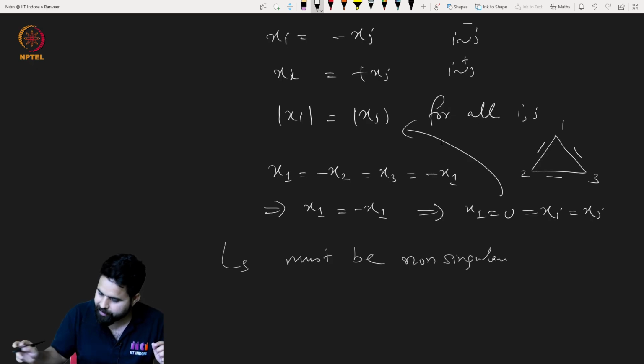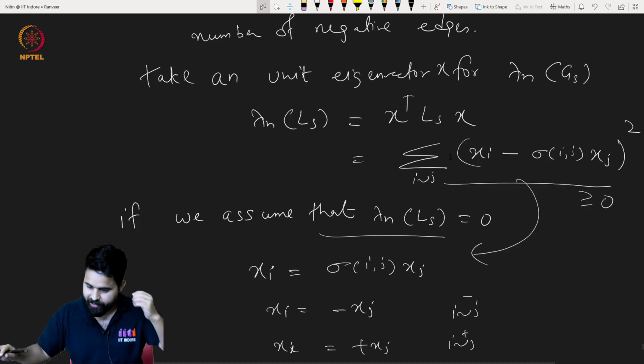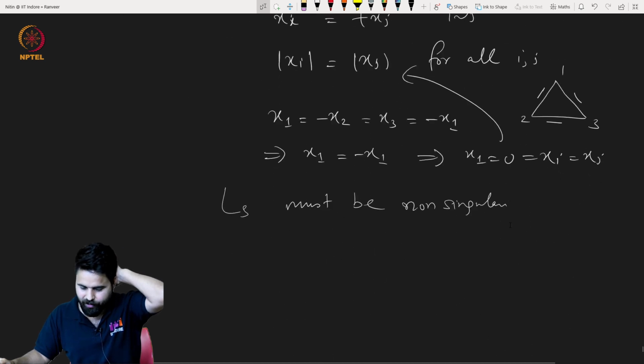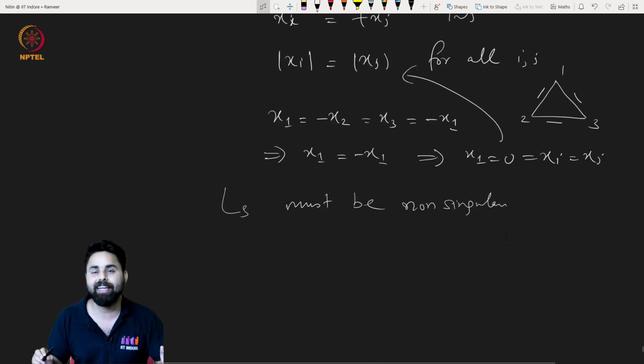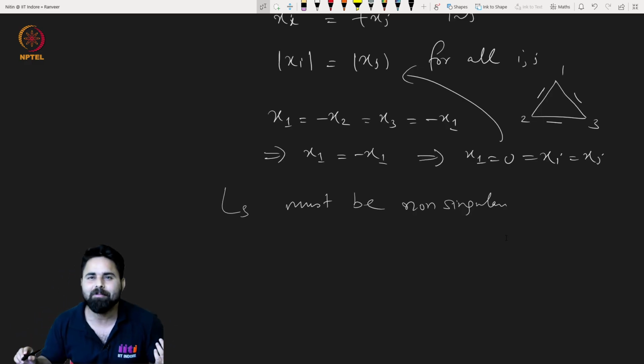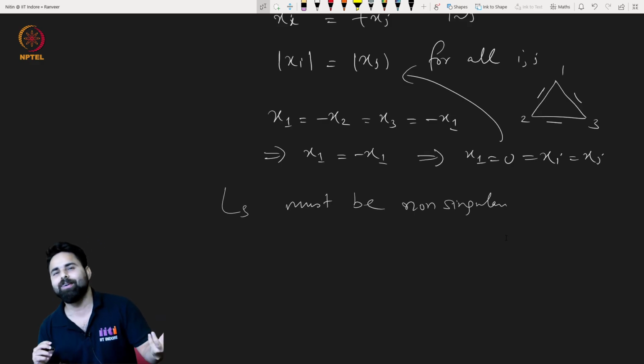By the way, this quantity will always be greater or equal to 0, right? Very good. Great. I hope you enjoyed this proof. So this is a nice characterization in terms of the Laplacian matrix: just check whether it is singular or non-singular.